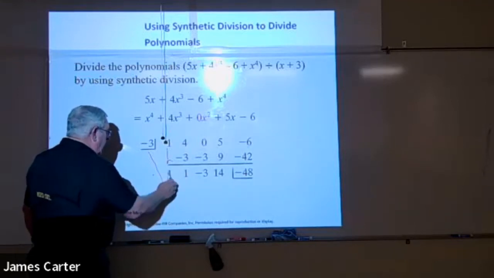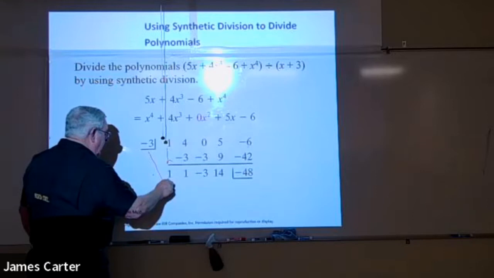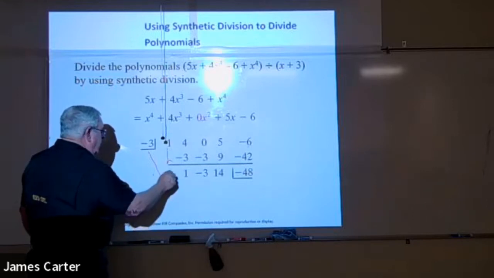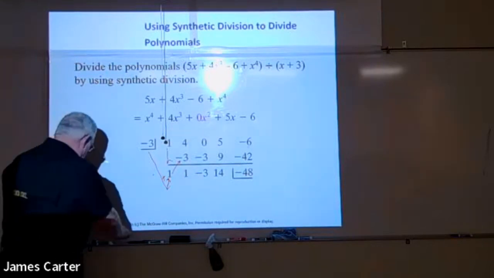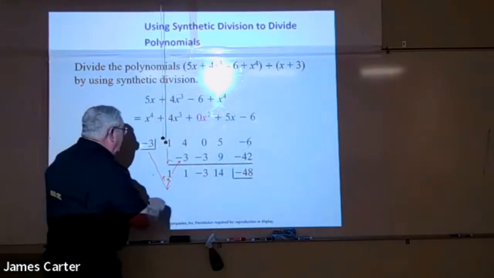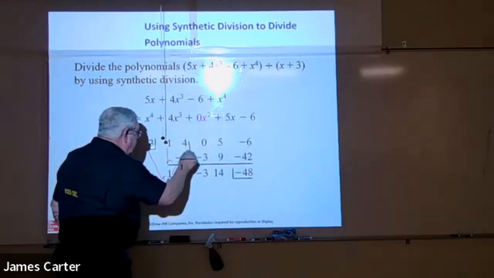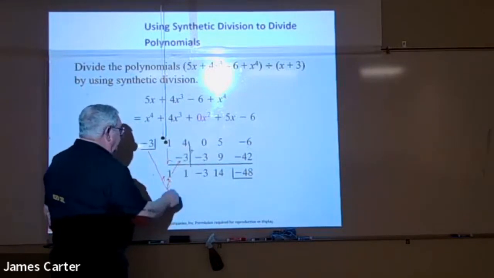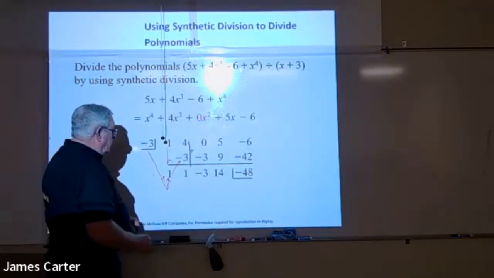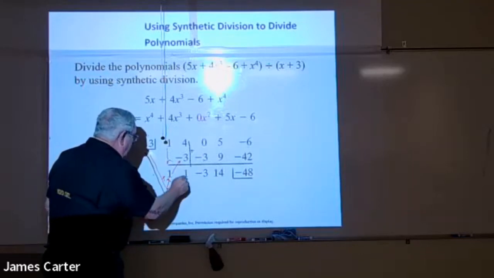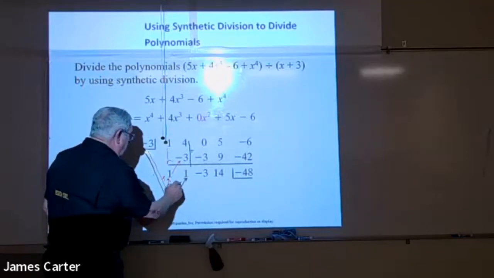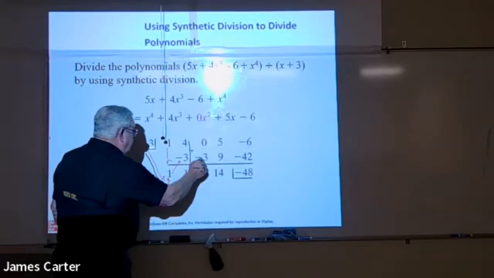This times that, which gives me that. Now I'm going to add these, and I get 1. I'm going to take this times that 1, which gives me that number.